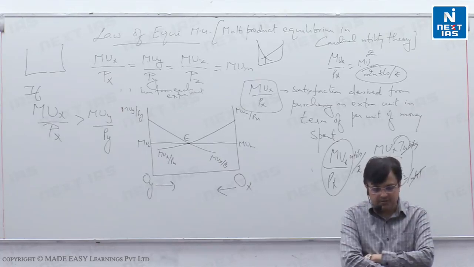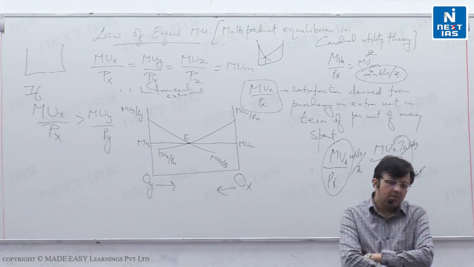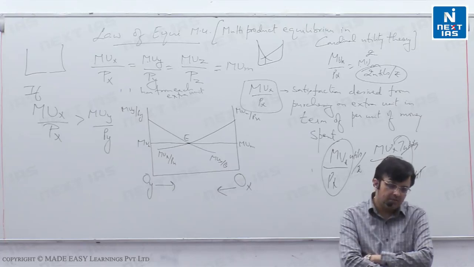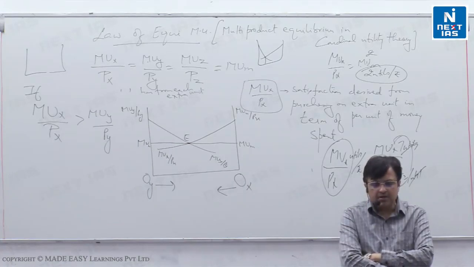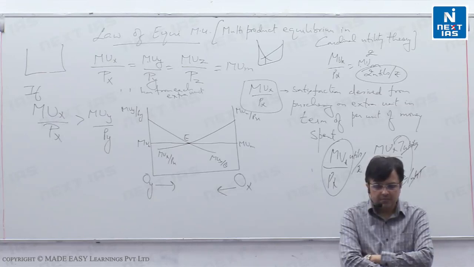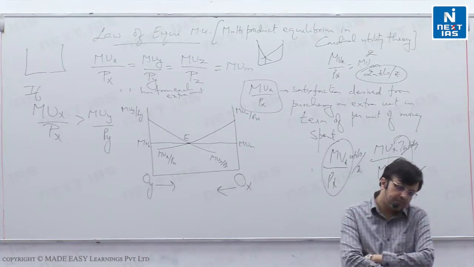Sufficient condition is attained when the ratio of marginal utility to price matches marginal utility of money. Full stop.